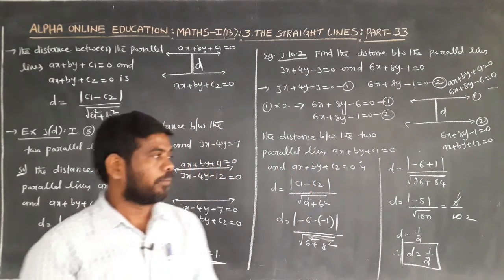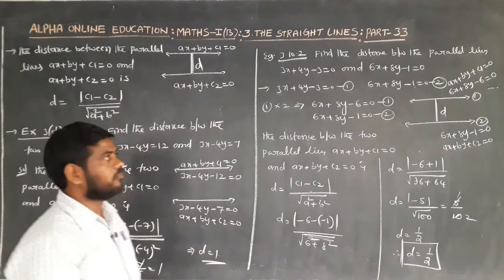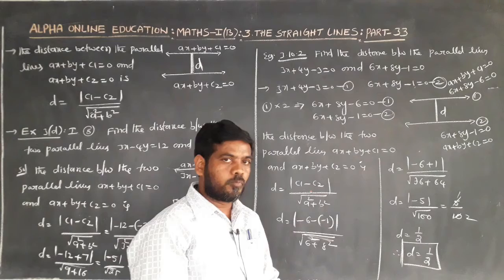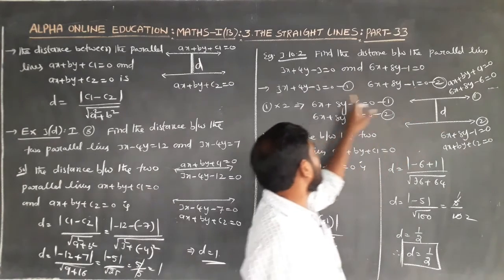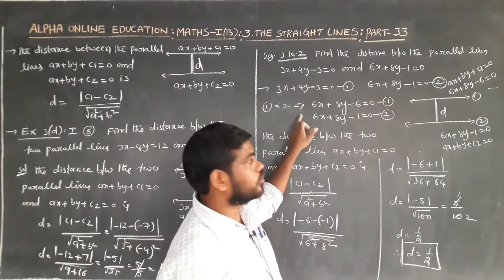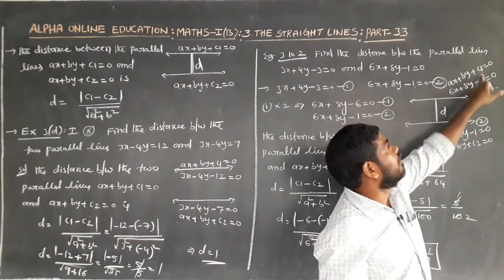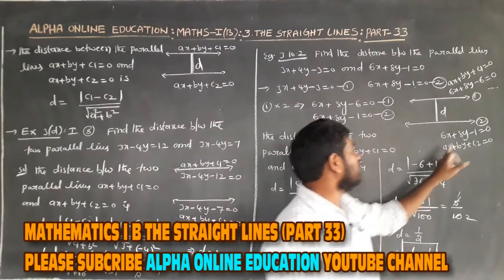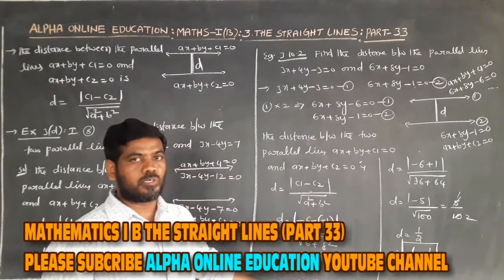This is the process. First of all, equate the x coefficients and y coefficients. Here, multiply the first equation by 2. Here C1 is minus 6, C2 is minus 1, A is 6, B is 8.